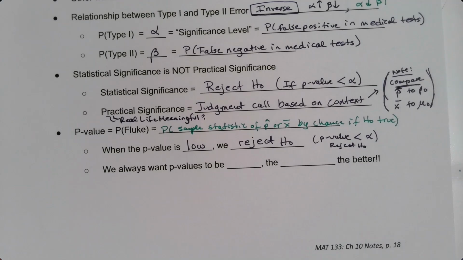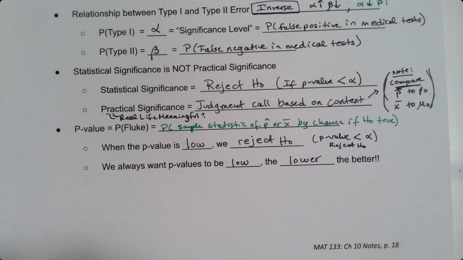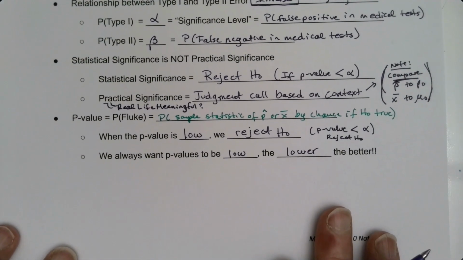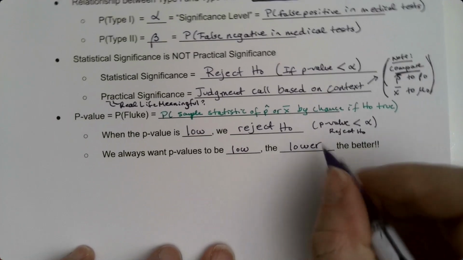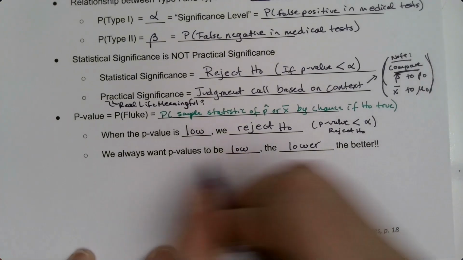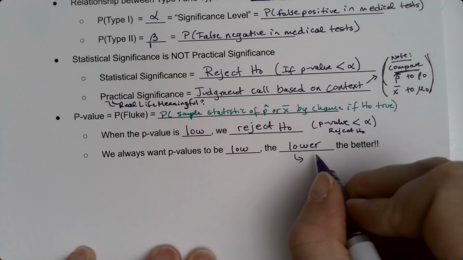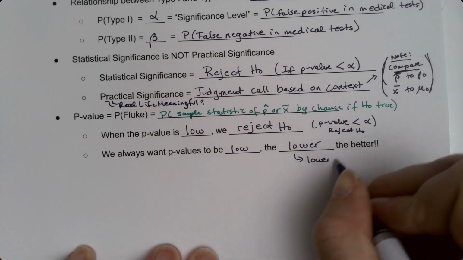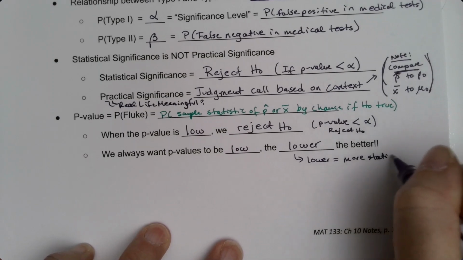We always want our p-values to be low. The lower, the better. What do I mean by better? The lower it is, the more significant it is. More statistically significant. Practical significance is its own thing.